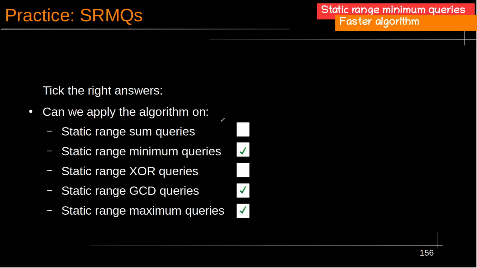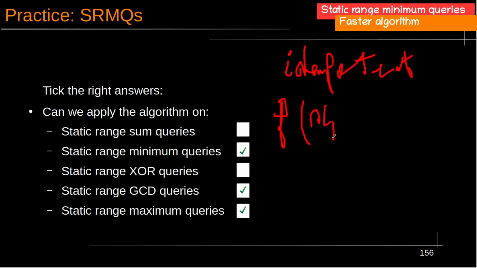we use this sparse table here. This sparse table works only on an idempotent function, which means a function is idempotent if f(x) gives me x. Here, of course, the minimum of, for example, 5 gives me 5.